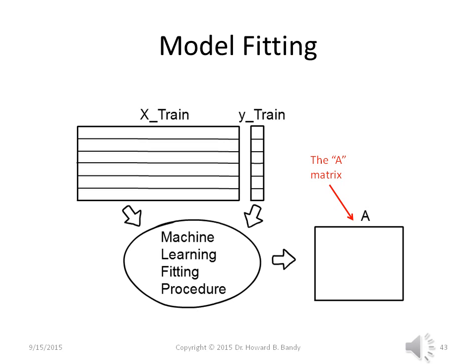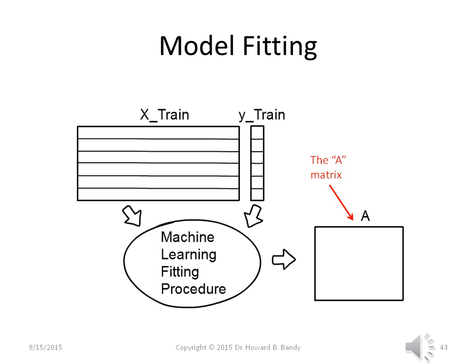The model fitting is the learning part. We're going to learn using the training data. The correct or known value for the target is provided, and that's in the yTrain variable.